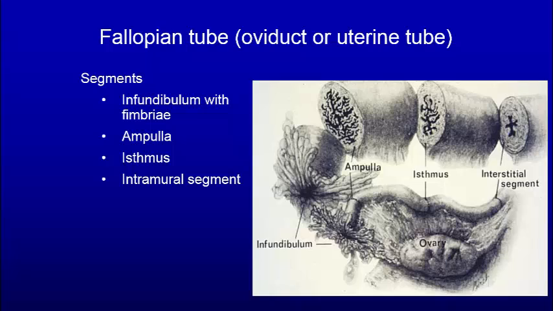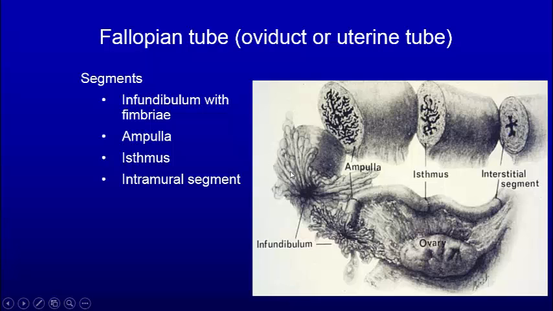Now if we look at the fallopian tube, there's the ovary and there's the fallopian tube. This part is the infundibulum, a finger-like projection that covers over the ovary and captures the egg when it ruptures off the surface of the ovary. As you come on down, you have the ampulla, isthmus, and then the internal segment, which looks more like the uterus.